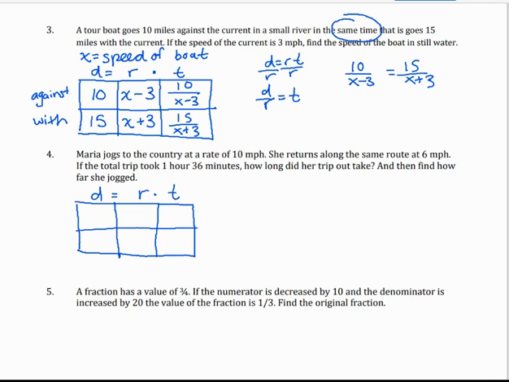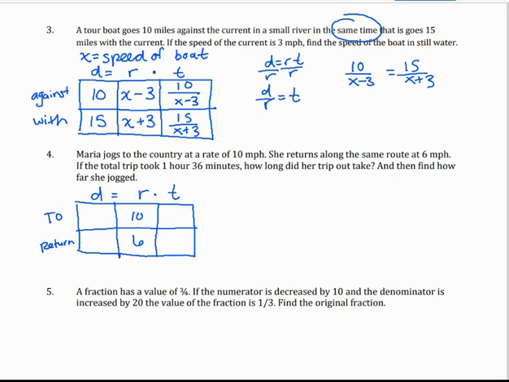And we jog to the country and then return, right? So we jog to the country at a rate of 10 miles per hour. She returns at 6 miles per hour. Makes some sense, right? Probably a little slower on your way back. The total trip took 1 hour and 36 minutes. How long did her trip take out?